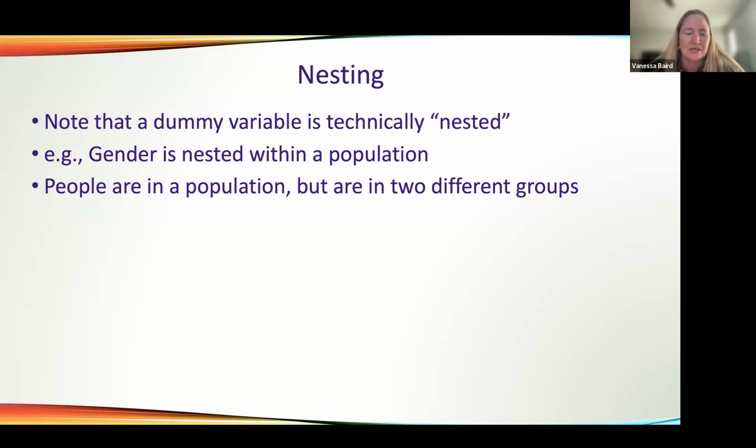Everybody within Sweden was interviewed in Sweden, and you could have citizenship in other countries, but you don't have a bunch of respondents in Iran that are from Sweden, right? Policy area by year are non-nested multi-level models in which there's multiple policy areas per year and multiple years per policy area. And so that would be considered non-nested.